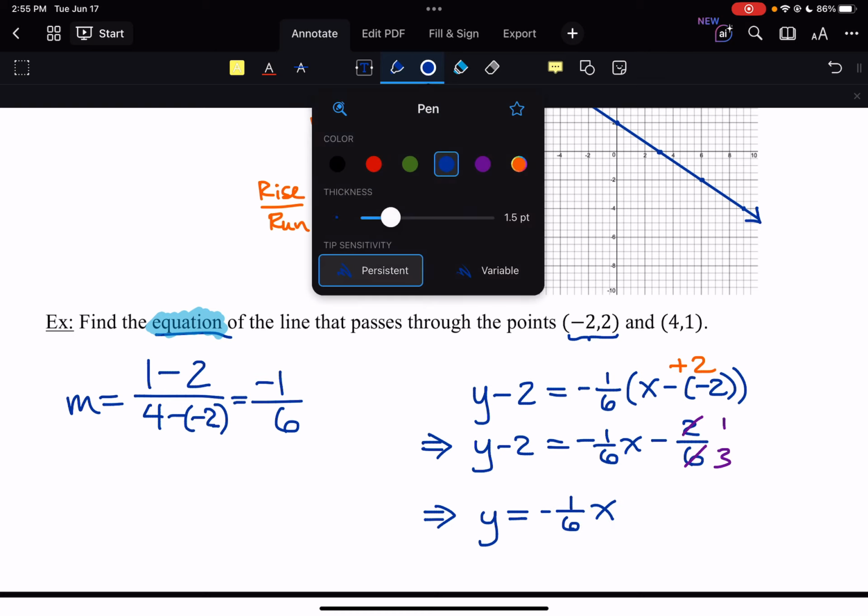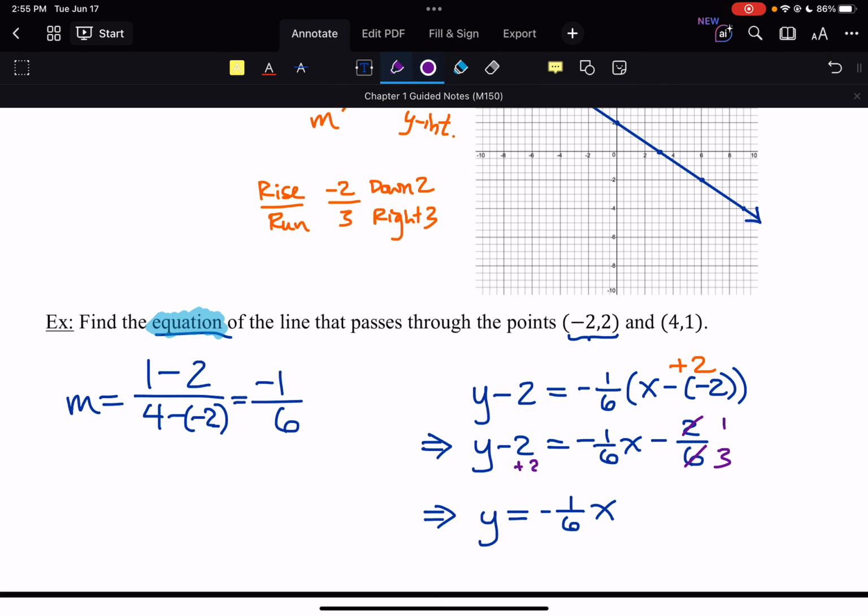We're going to go ahead and add the 2 to both sides. So we're going to get 2 minus 1/3. So that's 1 2/3, which as an improper fraction is 5/3. And that would be the equation of this line.